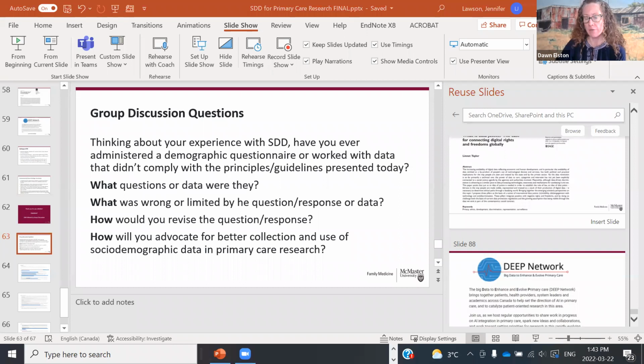So I approached HiREB and Health Research Services, because I was thinking pragmatically that either group might have a set of guidelines or principles that they follow when they review our applications or our grant proposals. And I was a little bit surprised to learn that they don't.